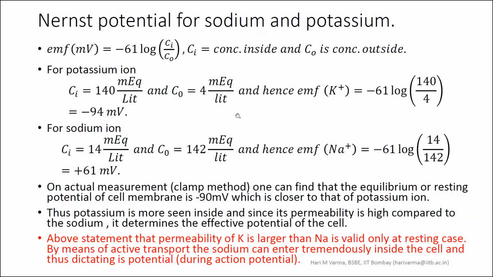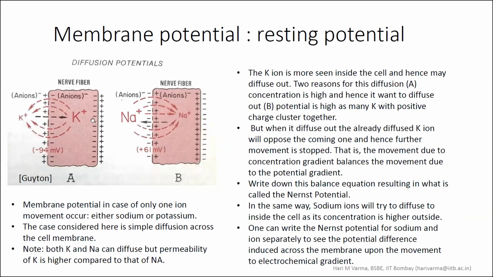Then people thought, okay, we have to change the model. This is not going to work. And they found that you cannot take this model, because when I say K plus is going outside, and the outside K plus tries to oppose it, we are trying to reach the balance. But when sodium is also present, it is not only the potassium that reaches outside that will oppose, but also the presence of Na plus will oppose it.